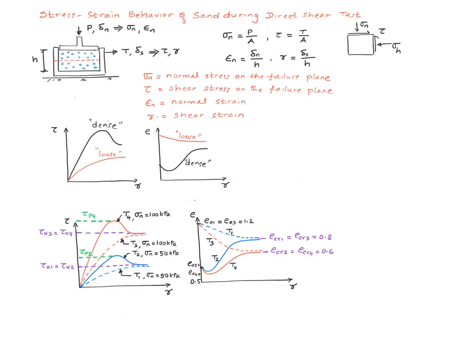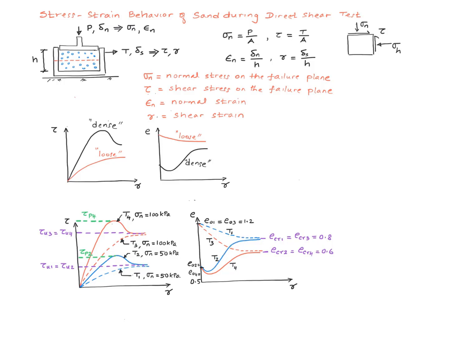Let's compare the behaviors of test 1 and 2 first. Both of these tests were conducted with the same normal stress, 50 kilopascal, whereas one had a higher initial void ratio and the other one had a lower initial void ratio. So what do we get? The one with the lower initial void ratio behaves like a dense specimen.